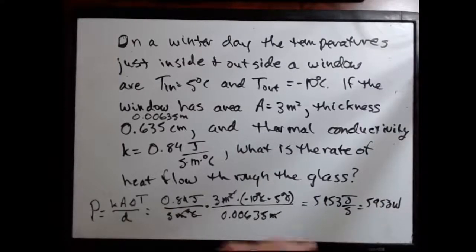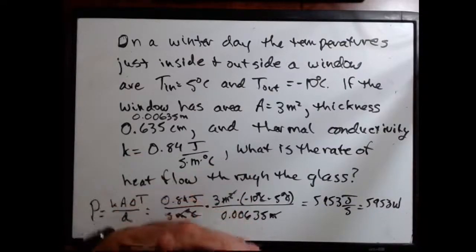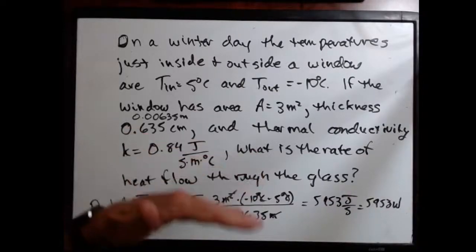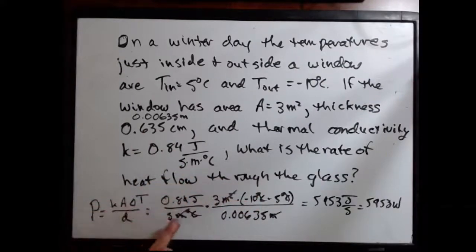You could cut way back on that if it was a double paned, because then the heat would have to flow through the air gap in between, and it has a much lower thermal conductivity than the glass does, and so it would greatly reduce the heat flow.